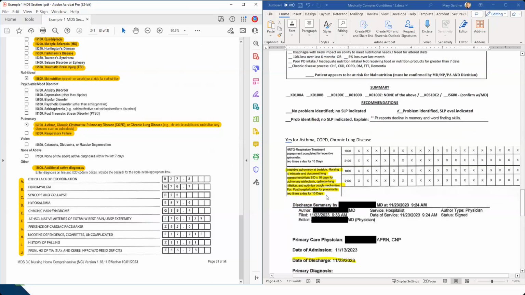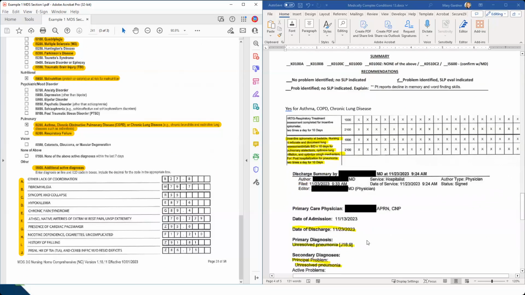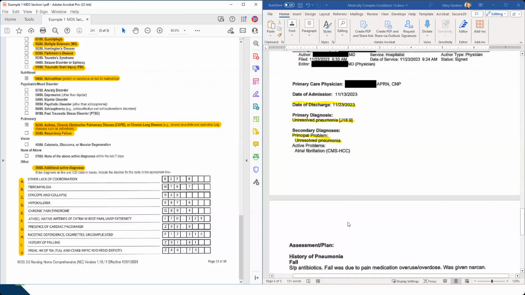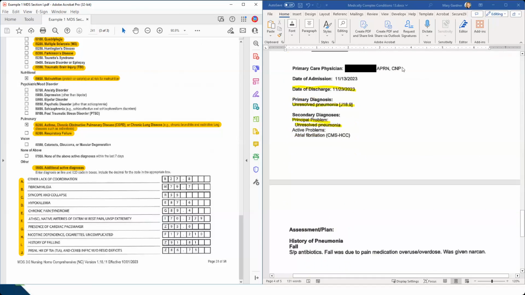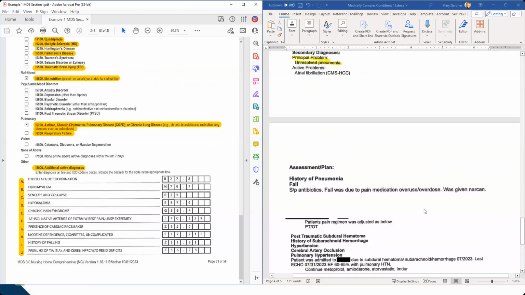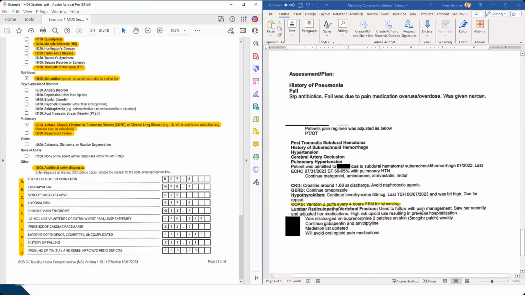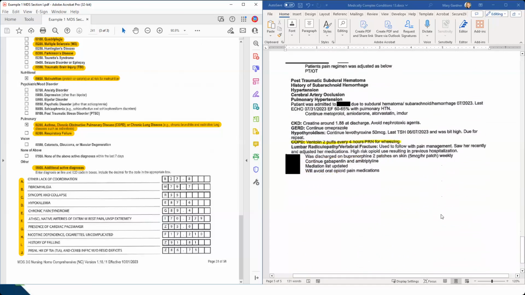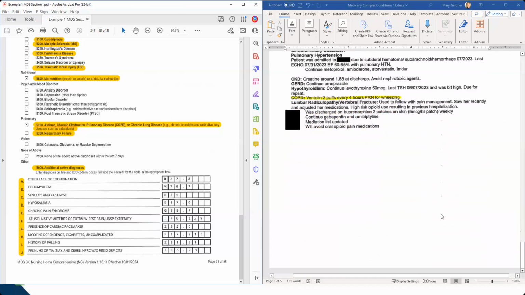And that was for post-hospitalization pneumonia. And then we do have information on the unresolved pneumonia documented by the physician extender, and treatments of that pneumonia, etc.